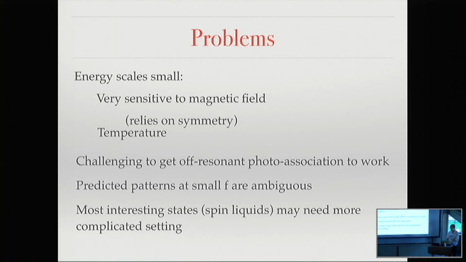I wanted this symmetry, and it's easy to break this symmetry. Actually doing this photoassociation is a non-trivial step. And then, with typical atoms you can start thinking about it: maybe you'll get F equals 3. Patterns are a little bit ambiguous. The flip side of that is maybe these Fs are places where there's interesting things happening.